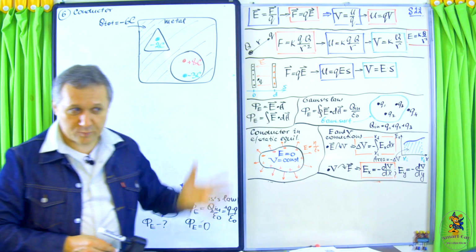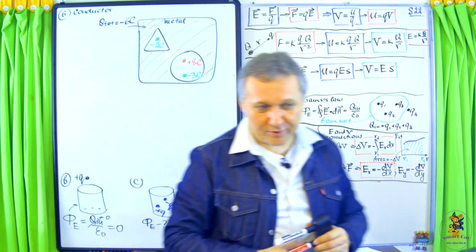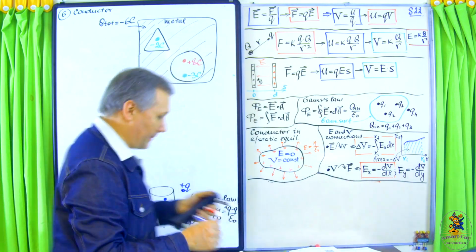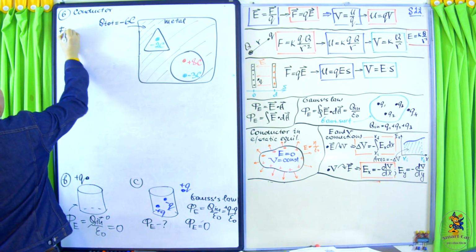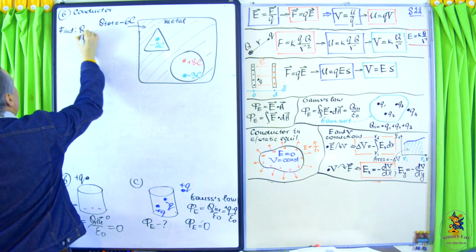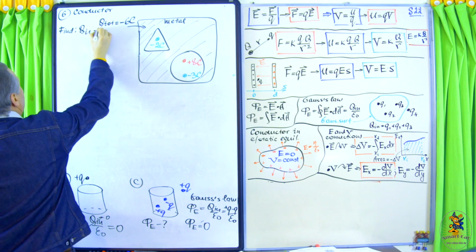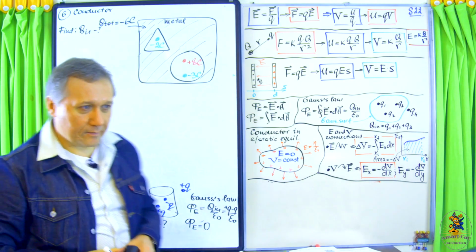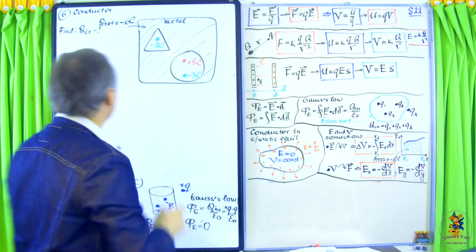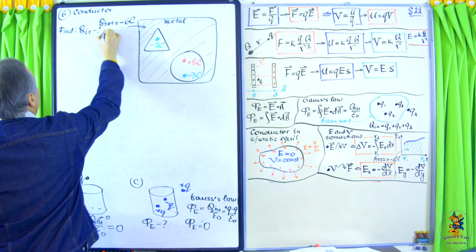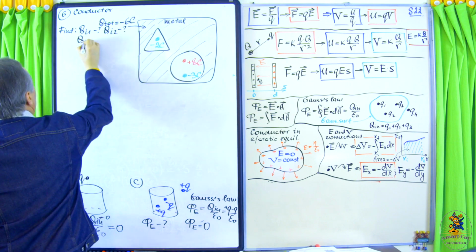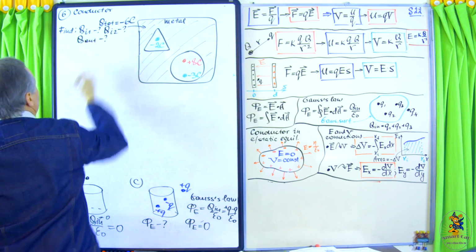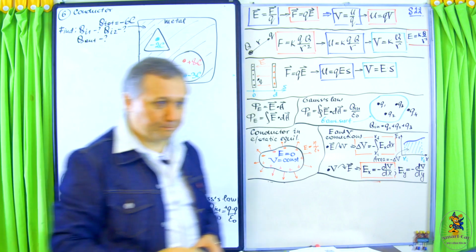We discussed problems like this in recitation classes and lectures. Let me write what needs to be found: QI1, where I stands for interior, the first interior surface, then QI2, and of course Q out, the charge on the outer surface.